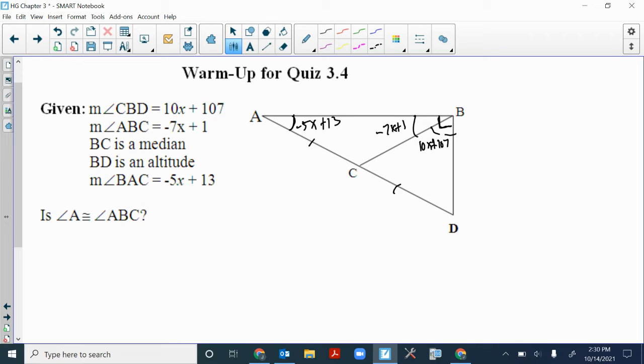Okay, so now we are trying to see if angle A is congruent to angle ABC. Well, we do know that we have a right angle because of the altitude. So let's go ahead and set up that equation: 10x plus 107 equals 90.